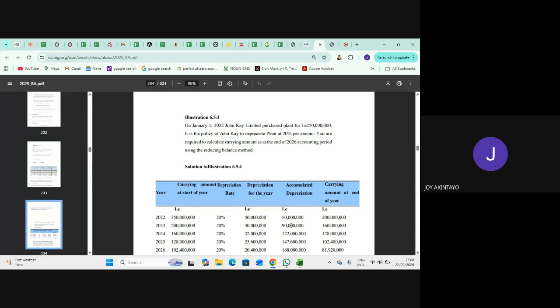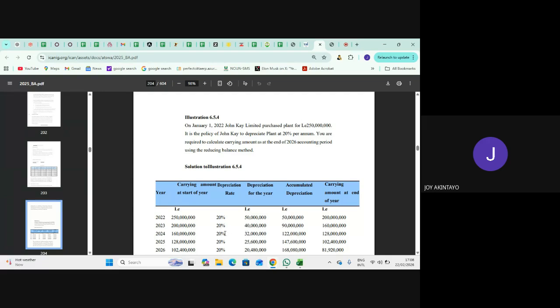The only thing we need here is to calculate our accumulated depreciation. That's all. So accumulated depreciation will just be on its own. So 200 minus 40, we have 160. Are we together? The next thing, you carry your 160 to the following year.